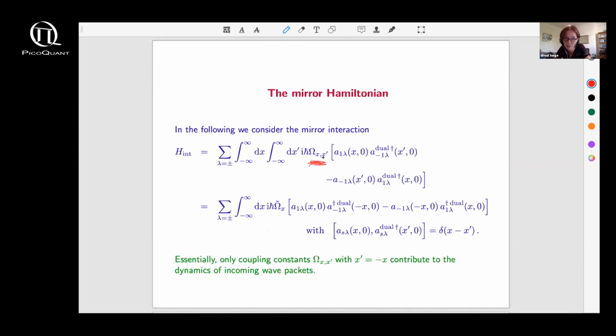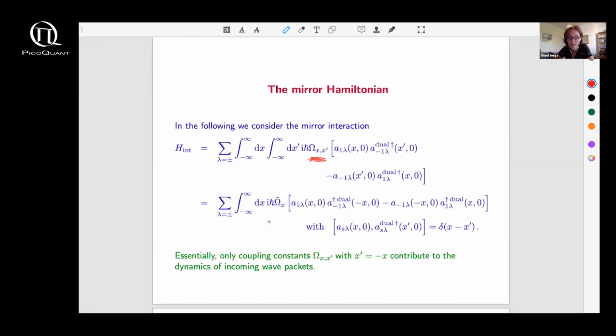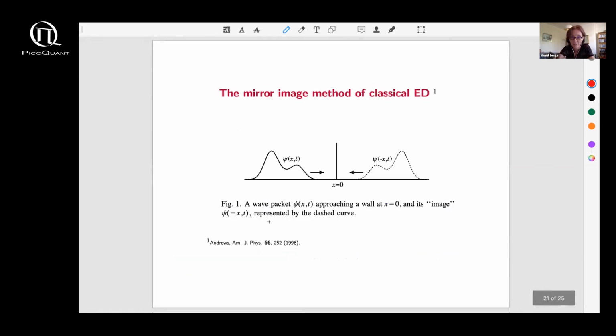This is the coherent process, and it will happen until the photons are all out of the mirror again. So we end up with a relatively simple Hamiltonian, and we more or less get something that reflects really well what we observe in classical electrodynamics, where we use a mirror image method for modeling light scattering by mirrors without having to go into complicated equations.